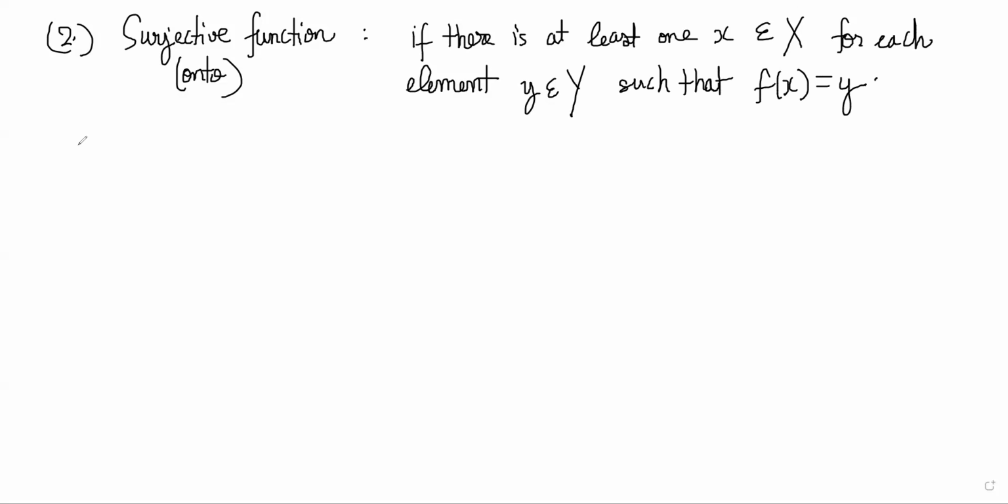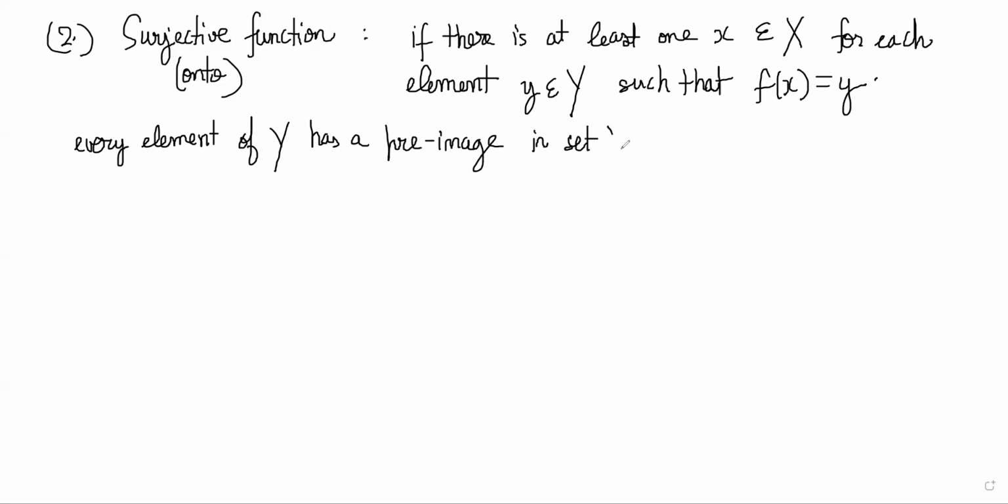So basically every element of y has a pre-image in set X. So that type of function is known as a surjective function or an onto function.